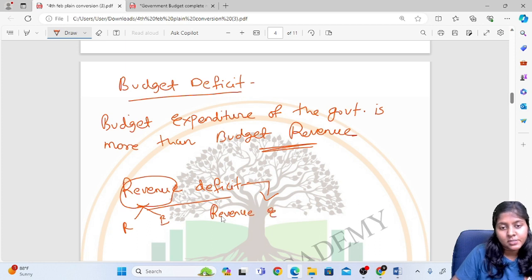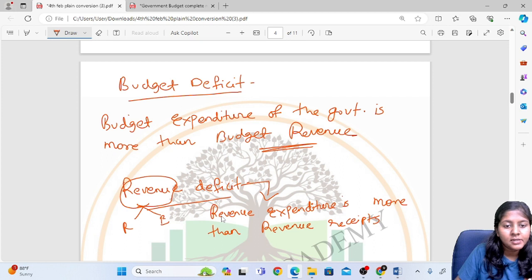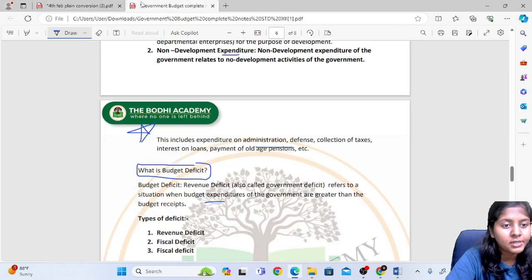When the revenue expenditure is more than revenue receipts, then we can say that it is a revenue deficit. So this we have to understand with regards to budget deficit.